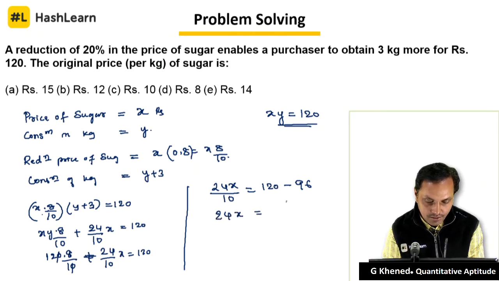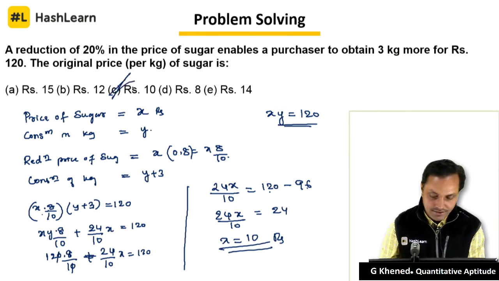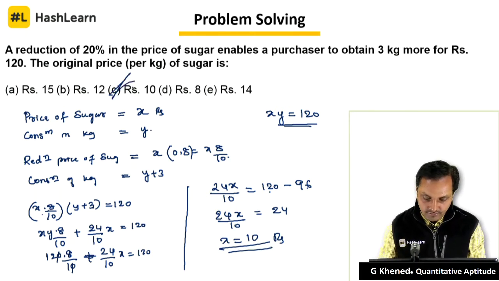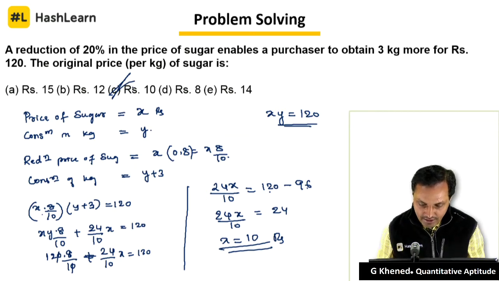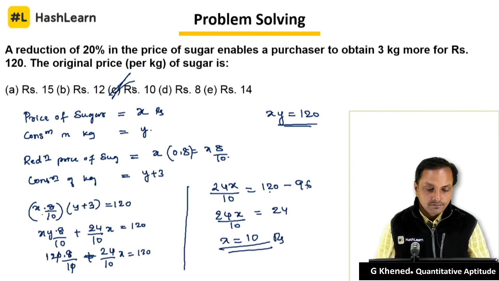X is equal to, when you cancel, your X will be 10 rupees. Is there any option? Yes, there is an option. What they were asking you was to find the original price of the sugar, which is nothing but 10 rupees.